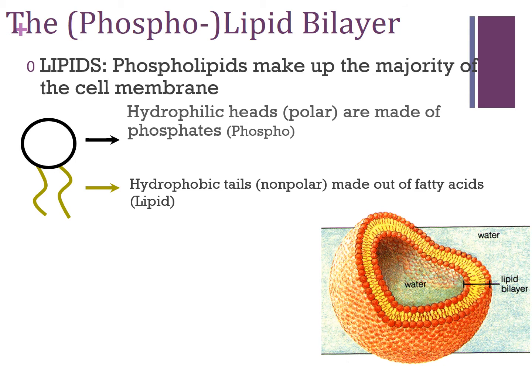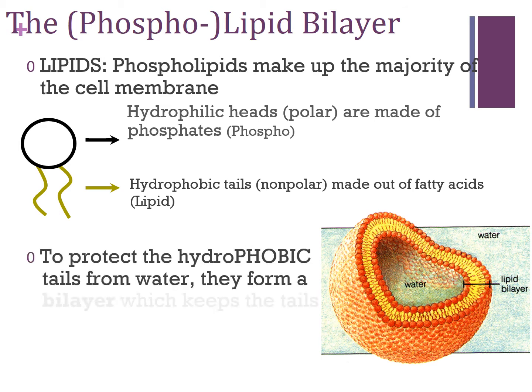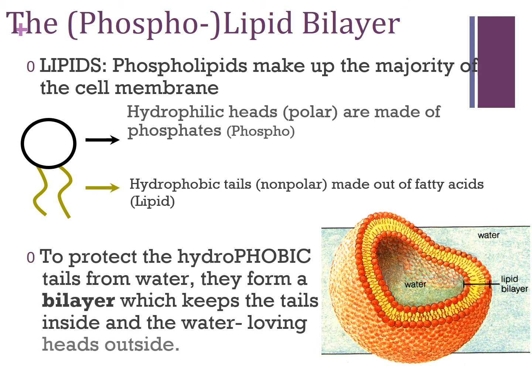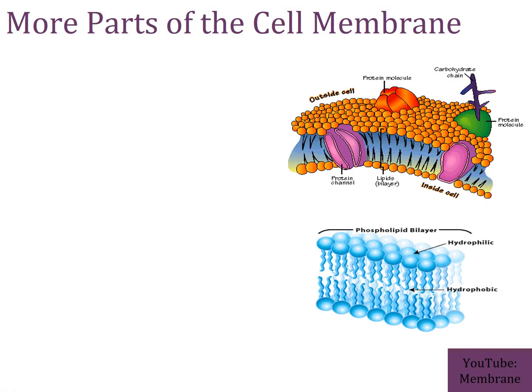These hydrophobic nonpolar tails are made of fatty acids or lipids. These phospholipids are arranged in a special way. In order to protect the hydrophobic tails from water, they form a bilayer which keeps the hydrophobic tails inside of the cell membrane and the water-loving heads outside.